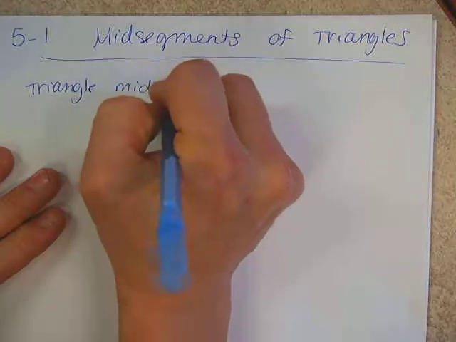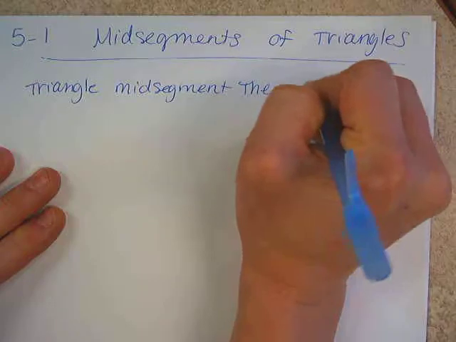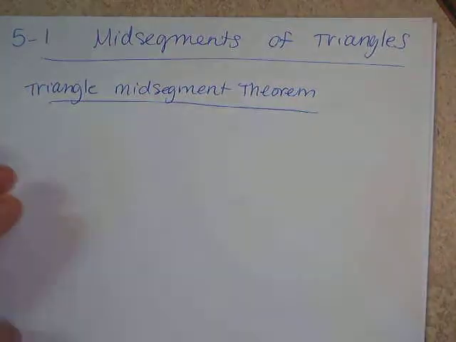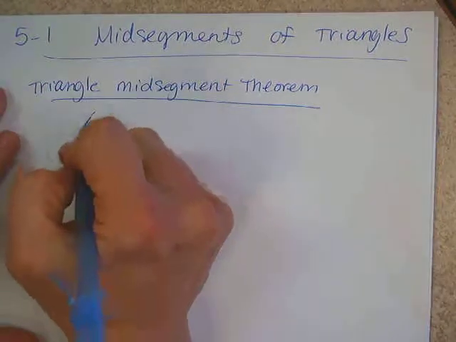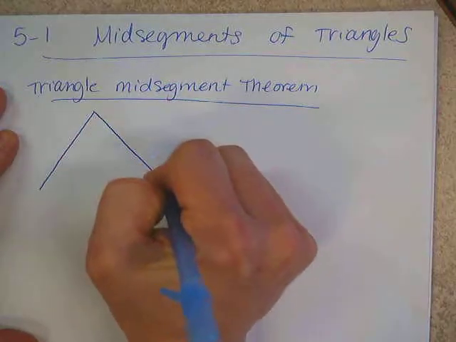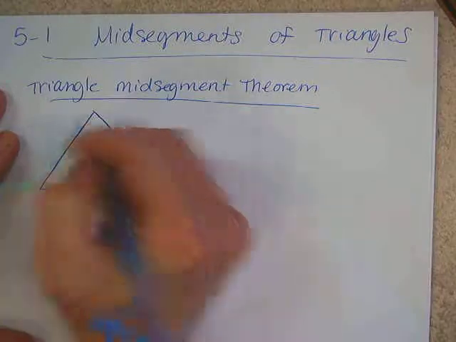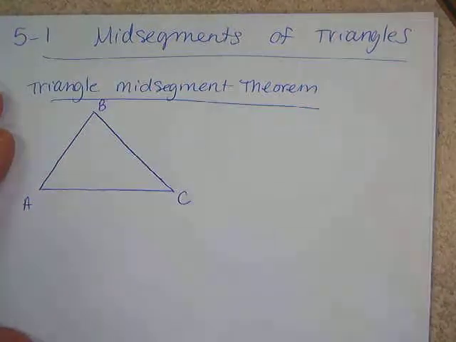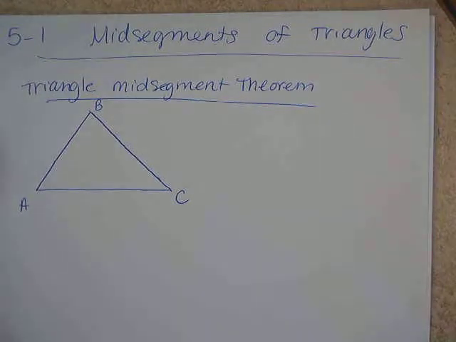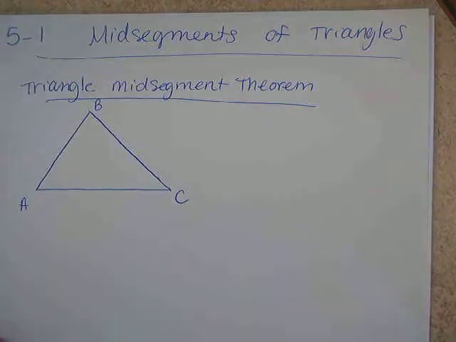We have the triangle mid-segment theorem, which gives us basically two pieces of information. We have triangle ABC, and we were to find the midpoints of AB and BC.